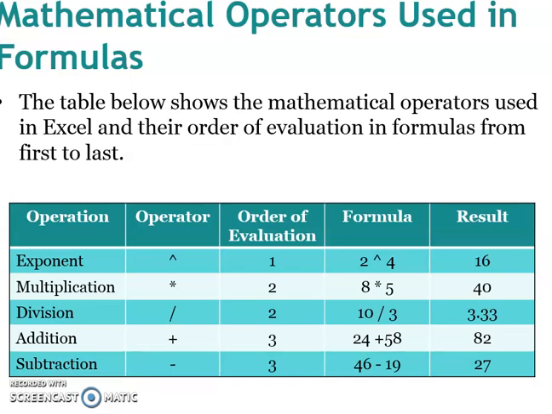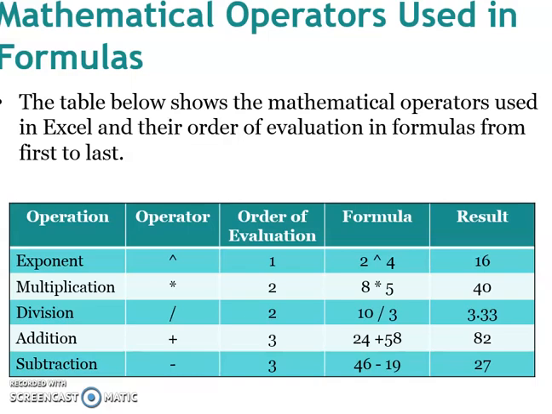It means that if in any formula the exponent is present along with multiplication and division, we have to solve the exponent first because its order of evaluation is number 1. Then multiplication, the sign is this one, then division, addition, and subtraction.